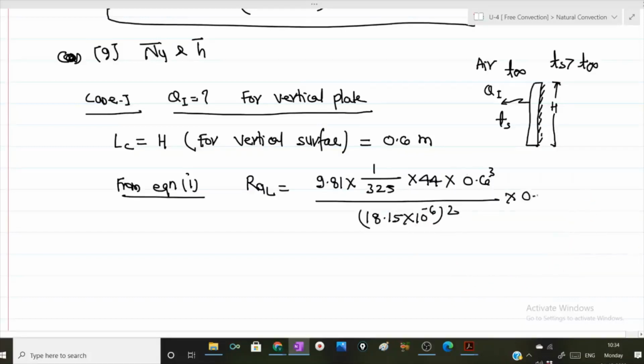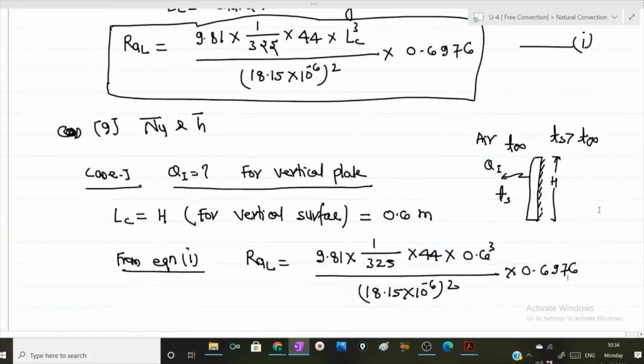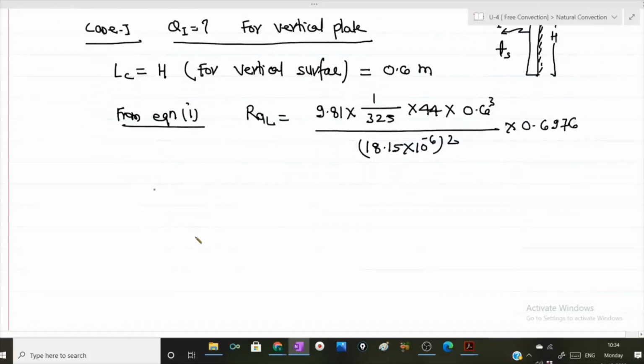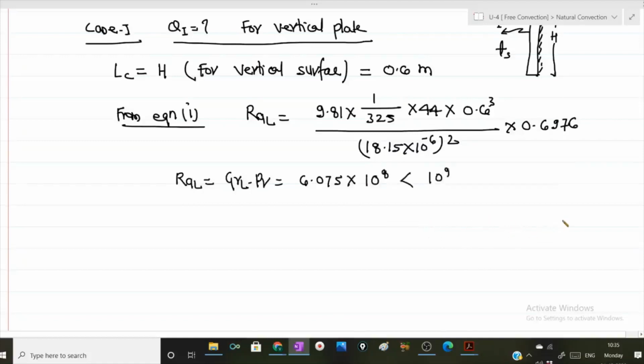into Prandtl number, 0.6976. Let me check this formula. Yes. So from this, the Rayleigh number, which is nothing but the product of Gr L into Pr, comes out 6.075 into 10 to power 8, and this value is less than 10 to power 9.